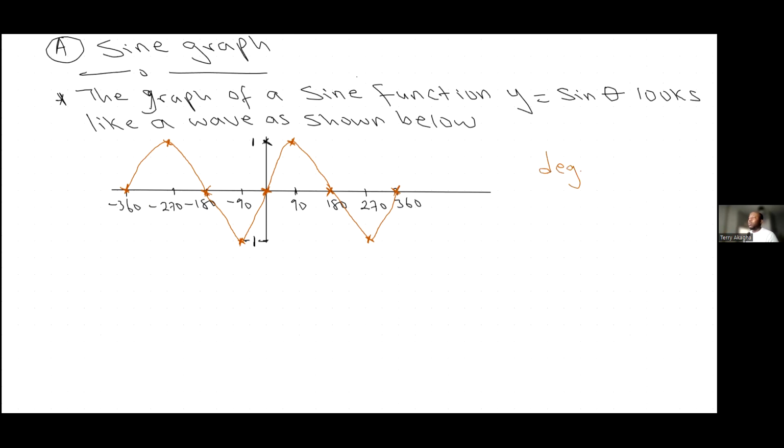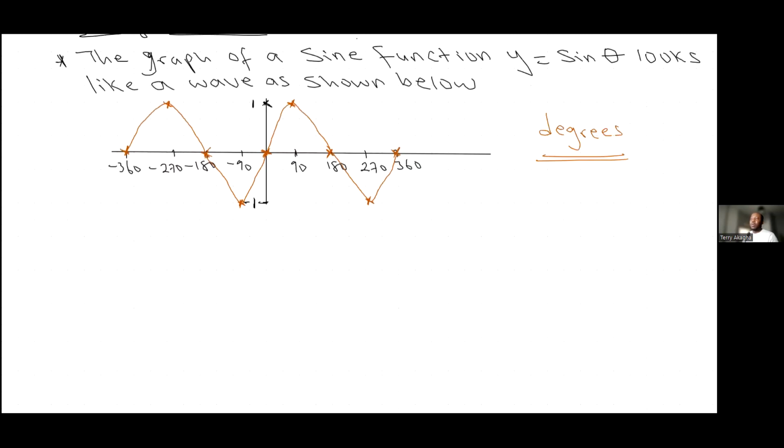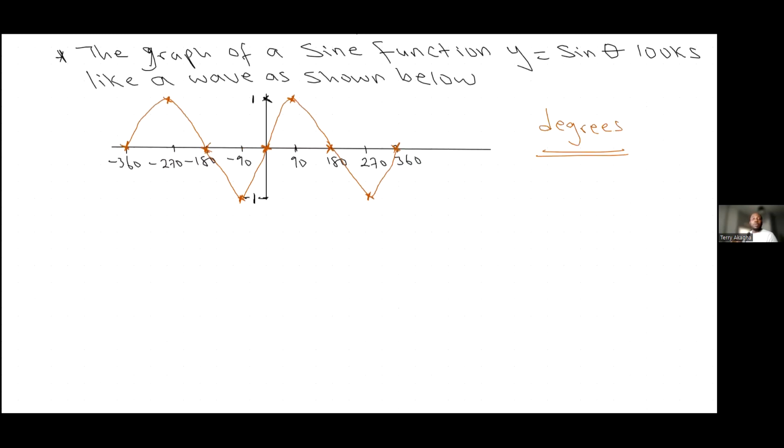Now, you can also do this in radians. In the previous video, I showed you how to convert between degrees and radians, so we can also draw this graph in radians. It will give you the same thing. In this case, we're going to convert to radians.